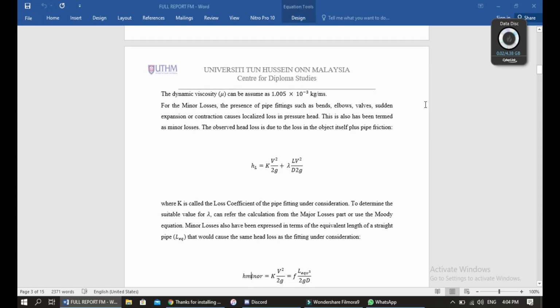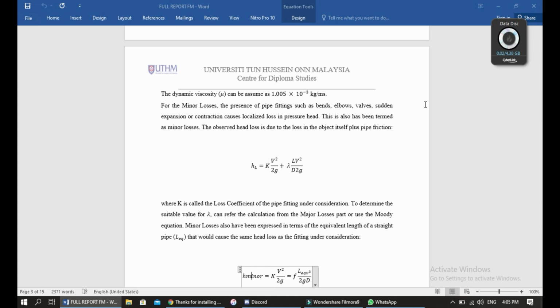The HL for the minor losses can be found by using this equation, HL equal to K times V squared over 2g plus lambda times L V squared over D times 2g, where K is the loss coefficient of the pipe fittings under consideration.